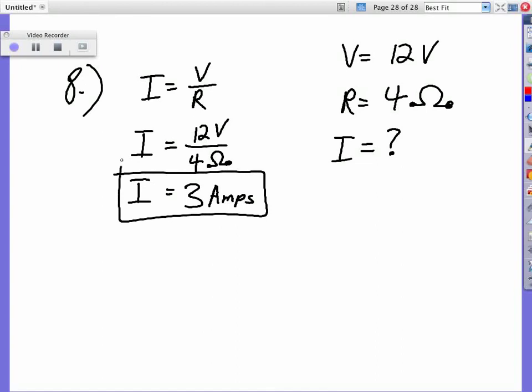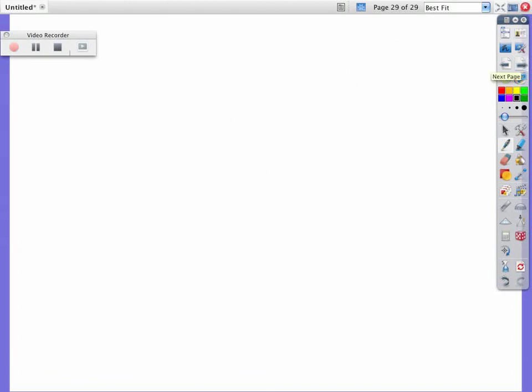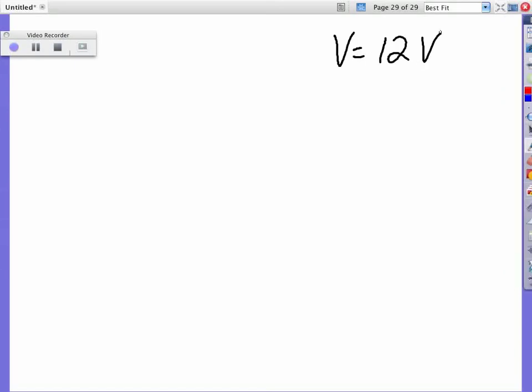Let's go look at number 9. Number 9 states, Justin connects a new radio system to his car in a series circuit. If the battery supplies a voltage of 12 volts to the radio, and there is a current of 6 amps, determine the amount of resistance that the radio system has.